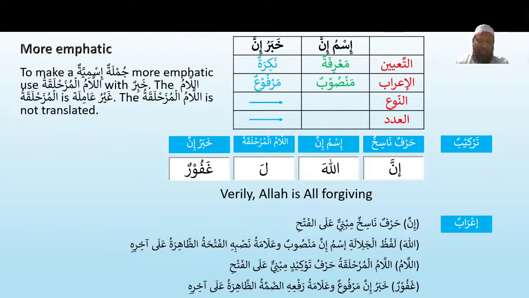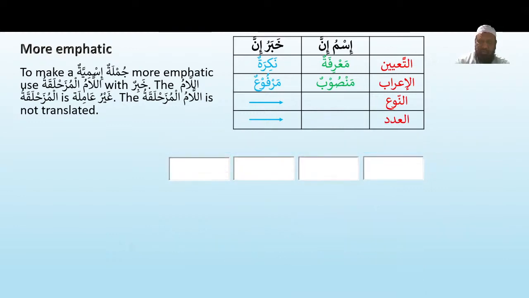Because I said at the beginning, anna must have a word before it, and normally it is a fail. So when we do fail, we will look at it in more detail. I don't know if I have an example of that.